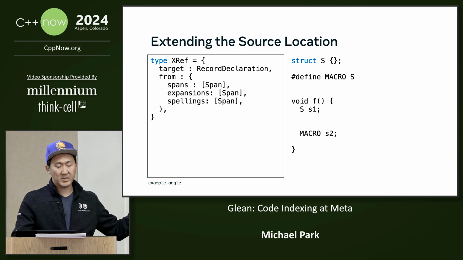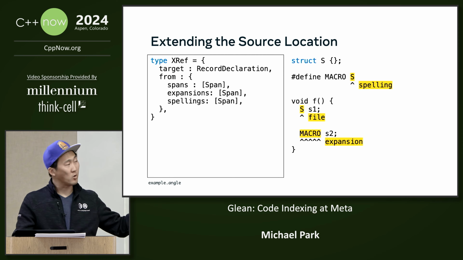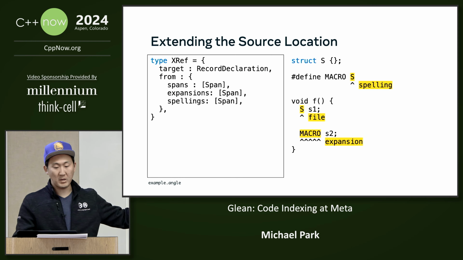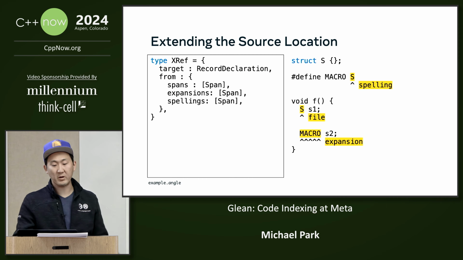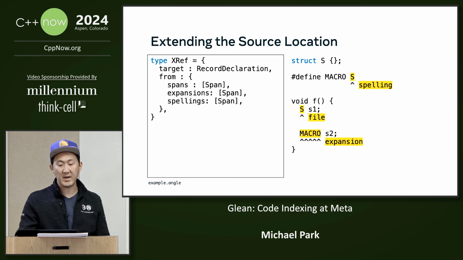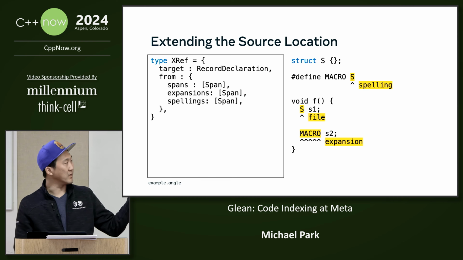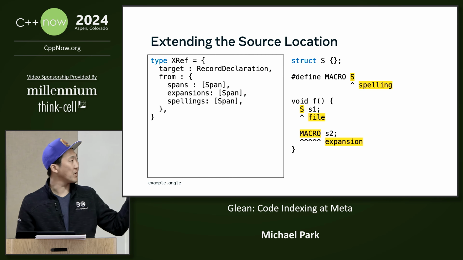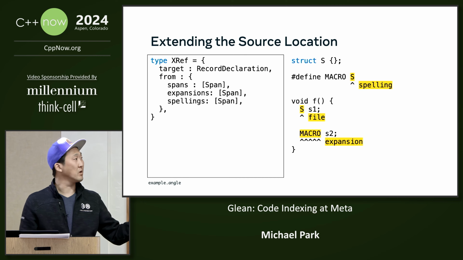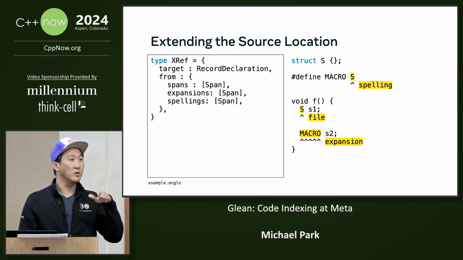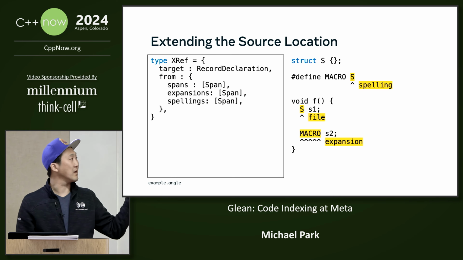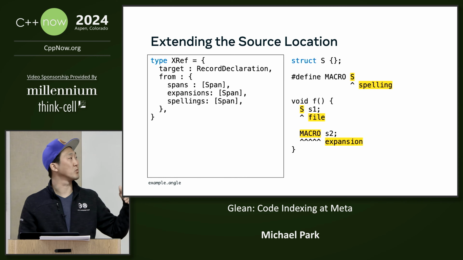So now this xref is going to store information about all the different locations. For example, for the record declaration S, the spans field will store the file location. The expansions will store the expansion location, and spellings the spelling location. If your class doesn't get involved with macros at all, then the expansions and spellings locations will just be empty.